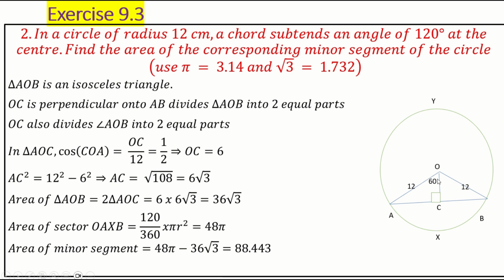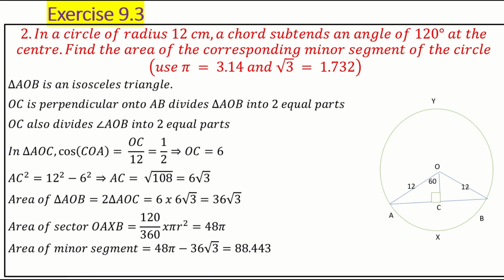First, let's find the triangle area. OC is the perpendicular. So it will divide this AOB into two equal parts. Now let's concentrate only on one triangle. So this will be 60 degrees because the angle also is bisected. OC bisects because it's an isosceles triangle. Correct? AOB is an isosceles triangle.